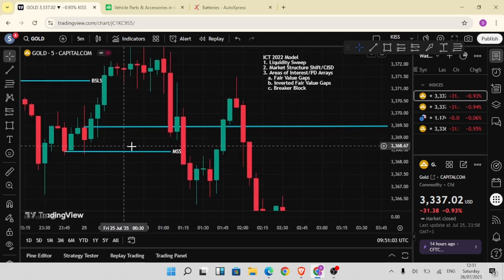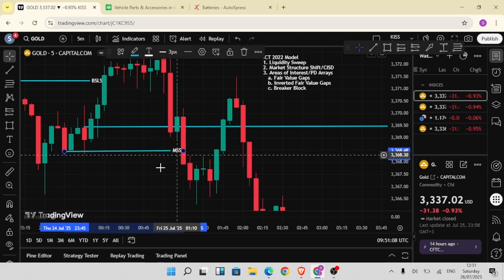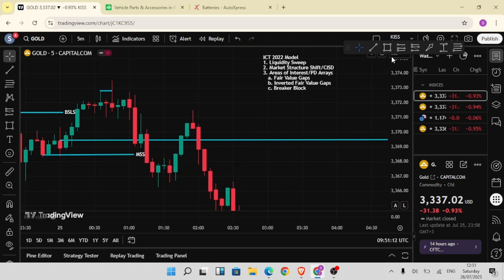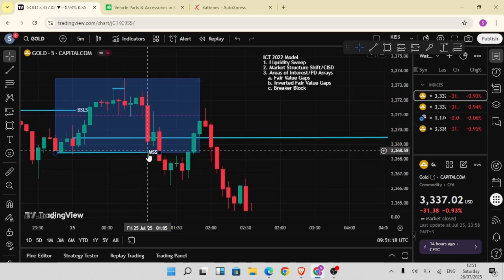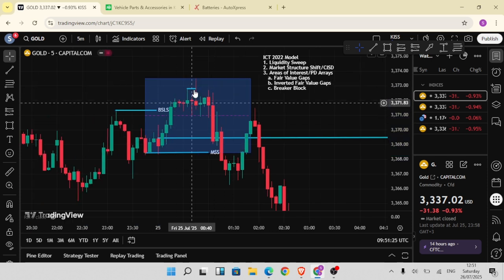Immediately we have this condition met, the market structure shift. We are looking for areas of interest within this area, from this market structure shift to the high of that, this high right here.